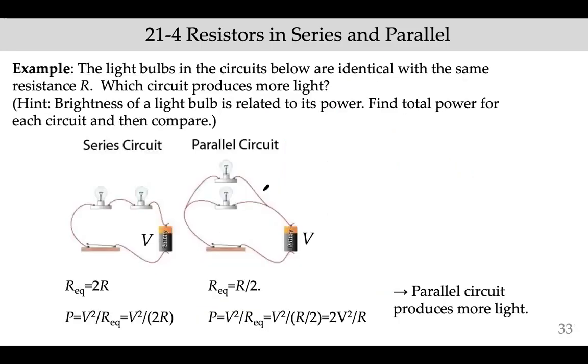Okay, here's another example. The light bulbs in the circuits below are identical with the same resistance. So we have this one, R, they're connected in series, and we have also the ones that are connected in parallel, but the resistances are the same. Which circuit produces more light? So they're connected to the same battery.